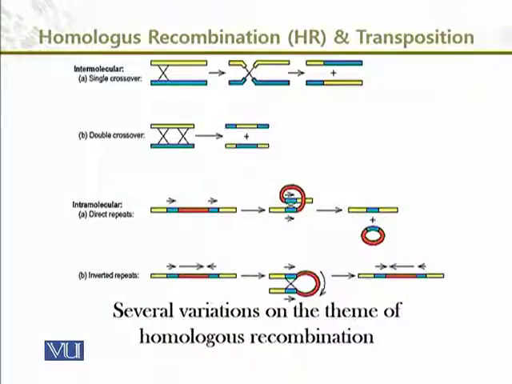As we can see here, there is a single exchange on the top. Then there is a double crossover, where two sites are involved and the genes cross over. Then there is an intramolecular crossover, where the DNA bends and certain specific sites are moved and a new segment is produced.